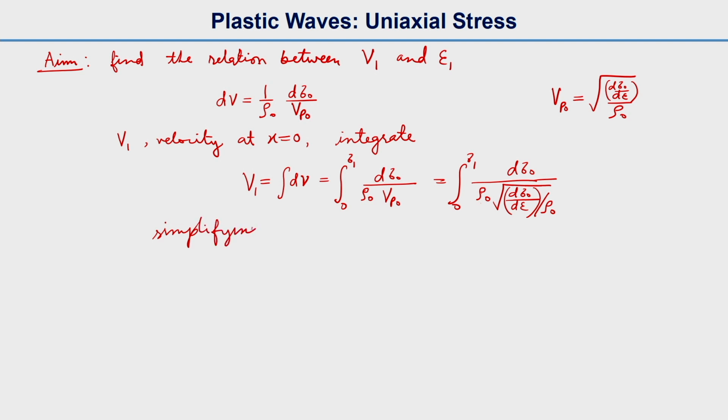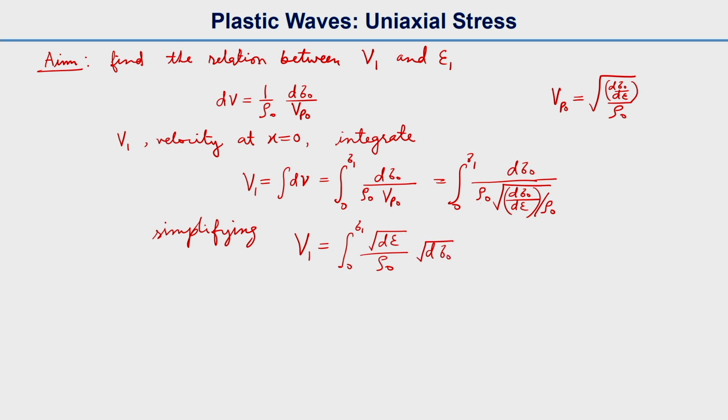Simplifying, V1 is equal to the integration from 0 to sigma 1 of d epsilon divided by rho naught d sigma naught.